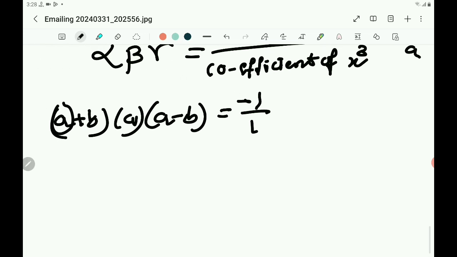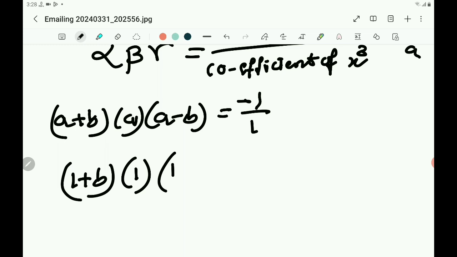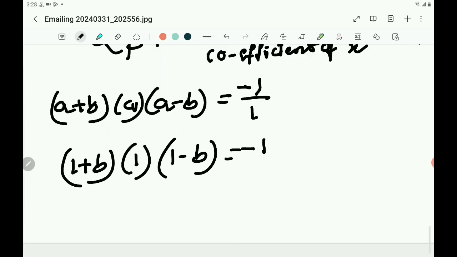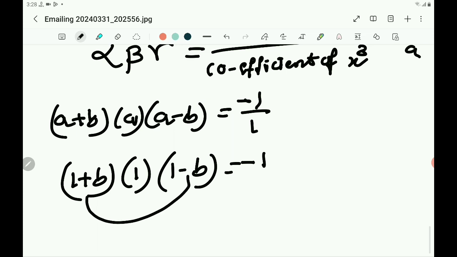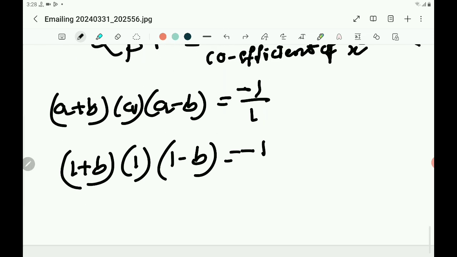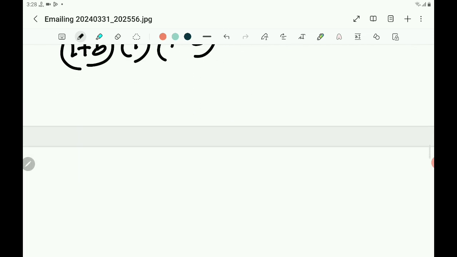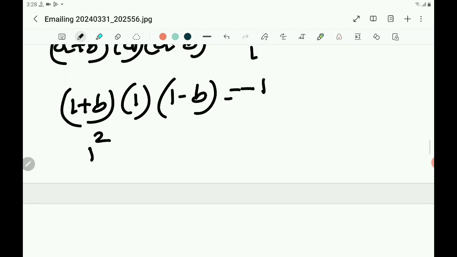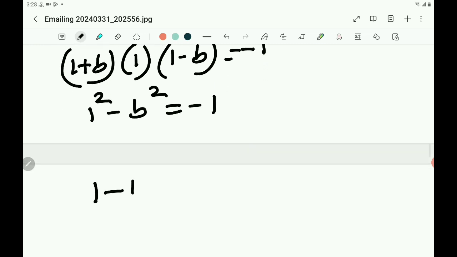Then a you got 1, so you write 1 plus b into 1 into 1 minus b equals minus 1. Then 1 plus b into 1 minus b is 1 square minus b square, which equals minus 1. It becomes 1 minus b square equals minus 1.